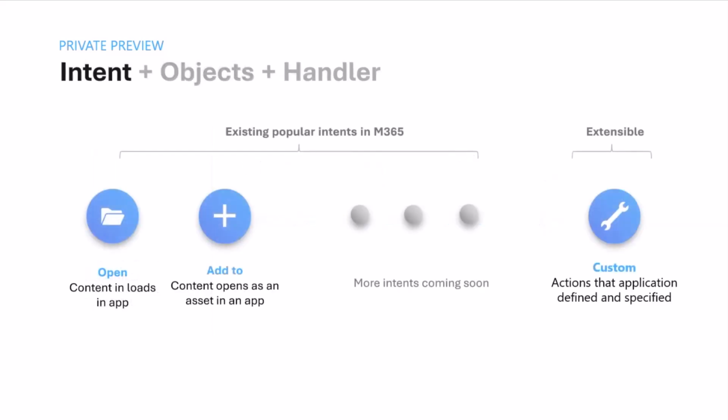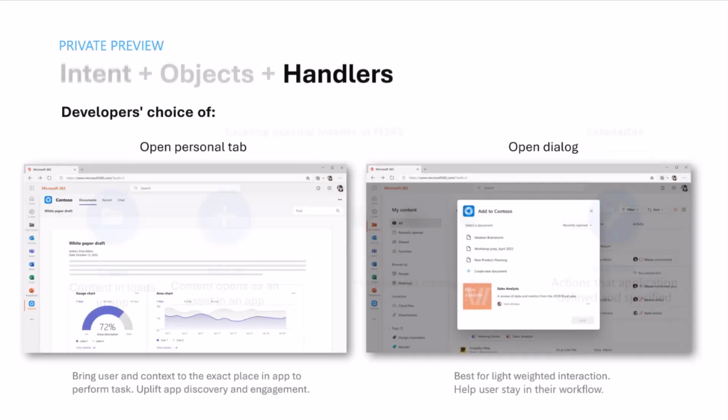And in this private preview, we're starting with enabling intents, including popular intents across M365 platform like open, add to, and we also enable a custom intent. In this case, you can fulfill any user needs. And we are also going to include more intents coming. That means more entry points, new entry points that you can see actions across Microsoft 365 platform.